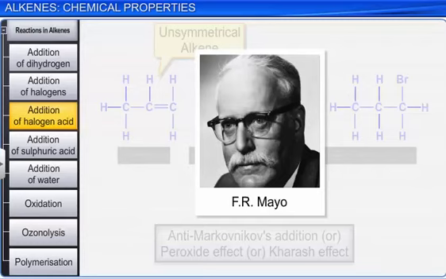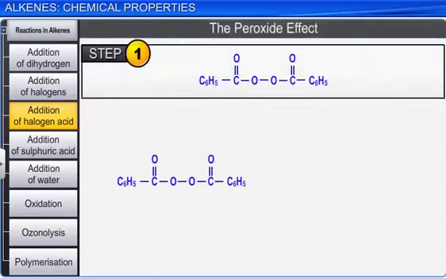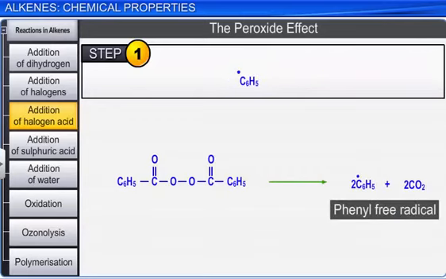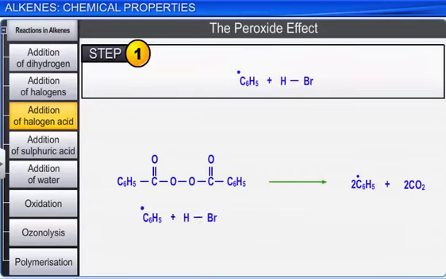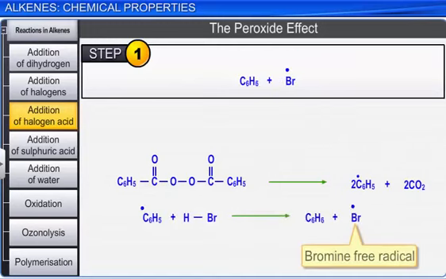In this reaction, initially benzoyl peroxide undergoes homolysis to form benzene free radical. This attacks hydrogen bromide and results in the generation of a bromine free radical. This bromine free radical further propagates the reaction by attacking the double bond in propene.